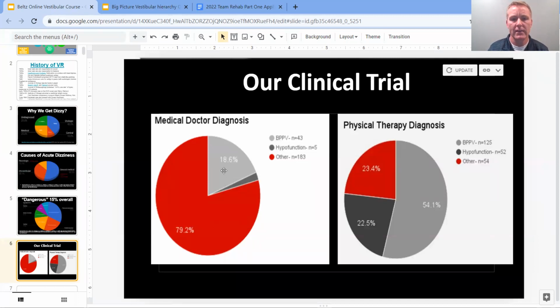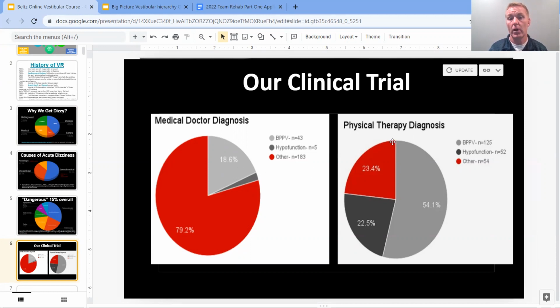And the other 18.6%, other 43, had actually the diagnosis of BPPV, and about 5 patients had the diagnosis of a hypofunction. So as a physical therapist, you're just pretty much going to see the diagnosis of vertigo, and then it's going to be up to you to figure out what's wrong with your patients.